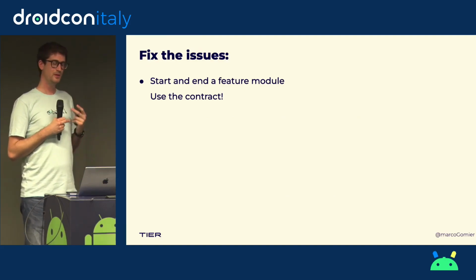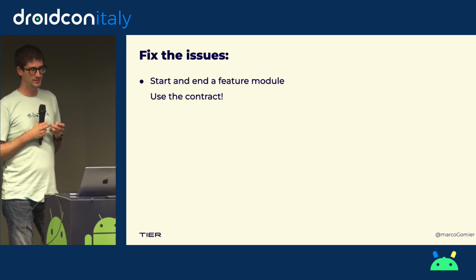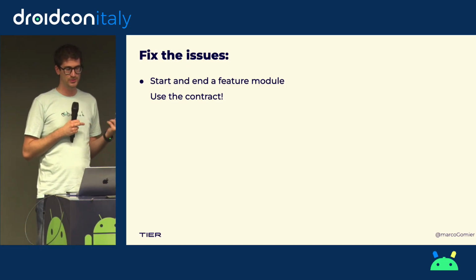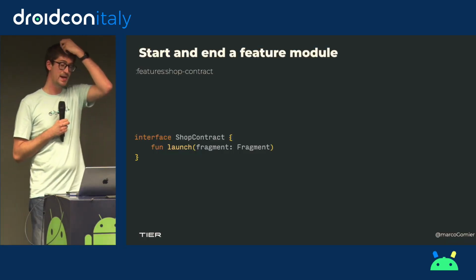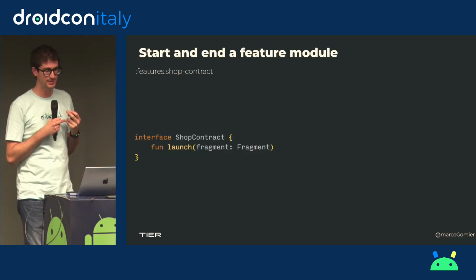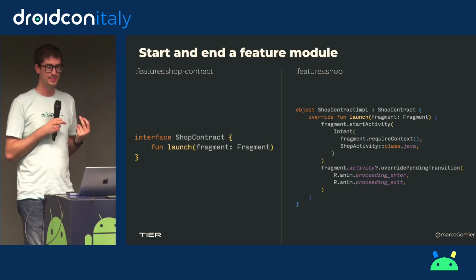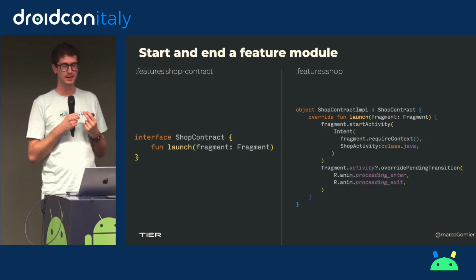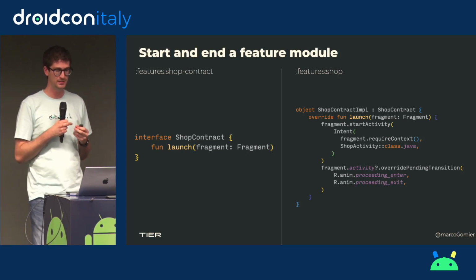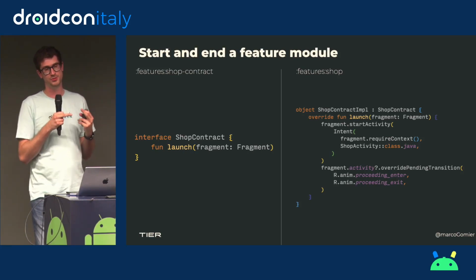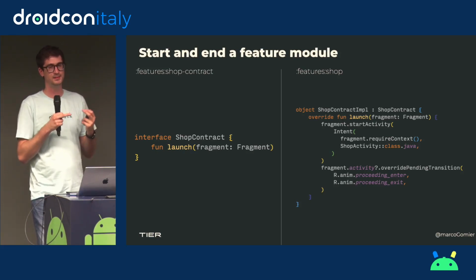So for the first thing, just starting a feature, it's quite handy because we can use the contract that we introduced before. We can have in the contract module just an interface that launches the feature. Then in the implementation module, you can just have the glue code that is necessary to start your activity, since the feature has an activity that contains the whole feature.